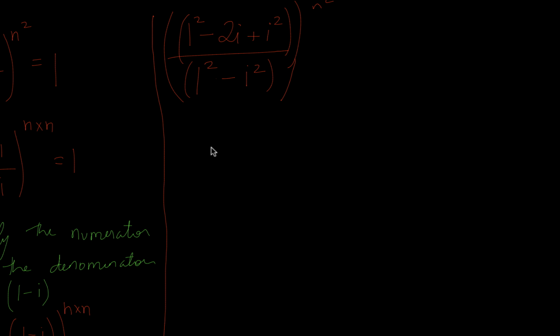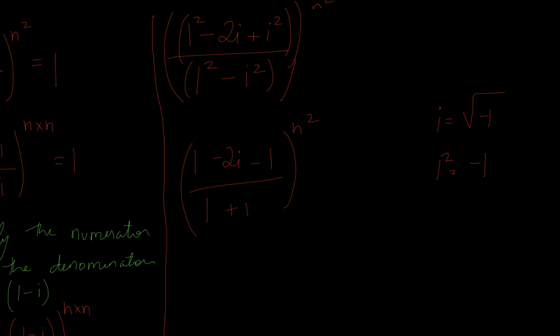Now let's try simplifying this. So 1 square is 1, minus 2i. Now i square is actually minus 1. So if you remember, i is nothing but root of minus 1. So from that logic, i square naturally is minus 1. So here you get minus 1 divided by 1 plus 1, the whole raised to n squared.